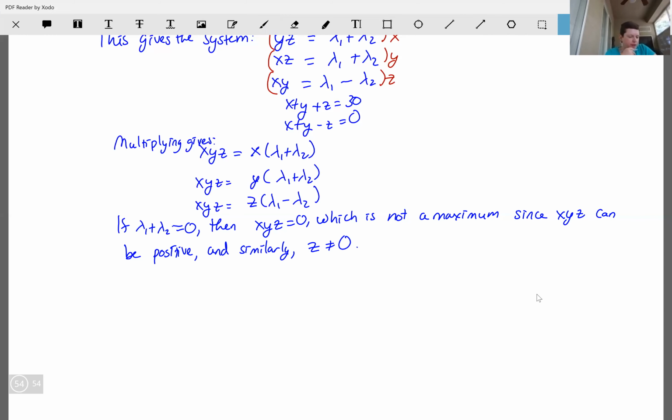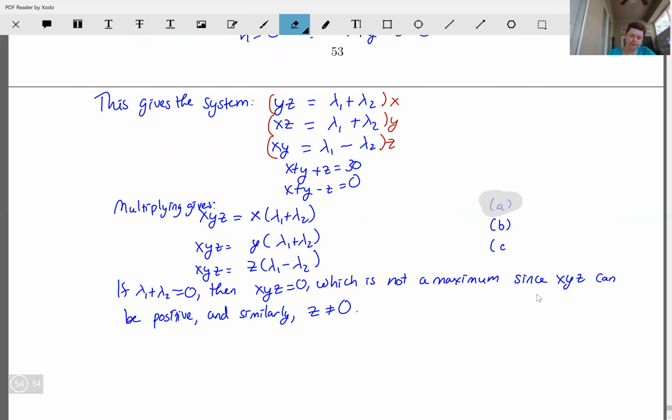Okay, so let's number these equations, A, B, and C, our original top three.